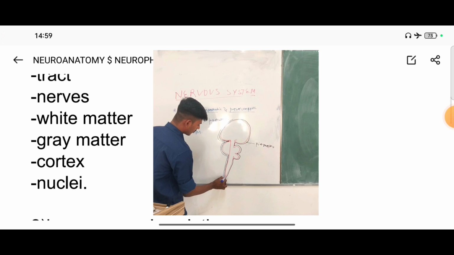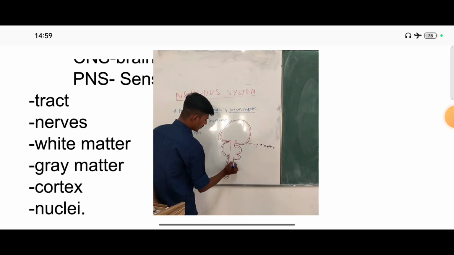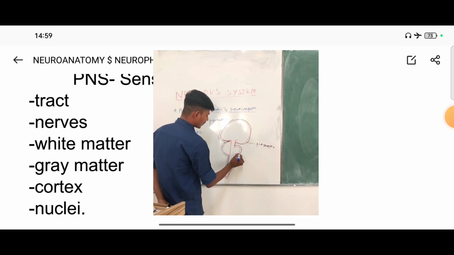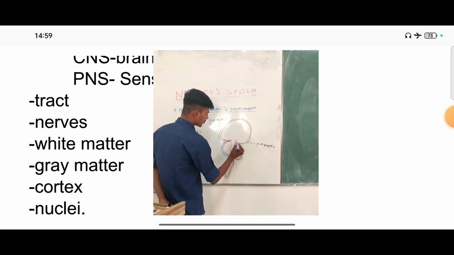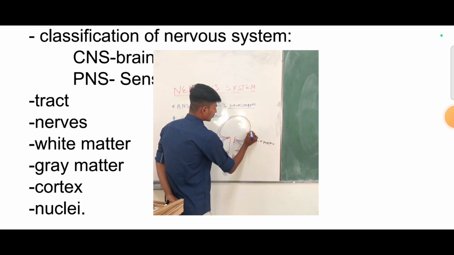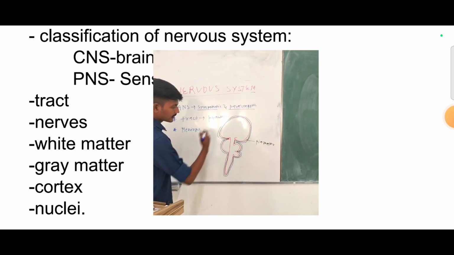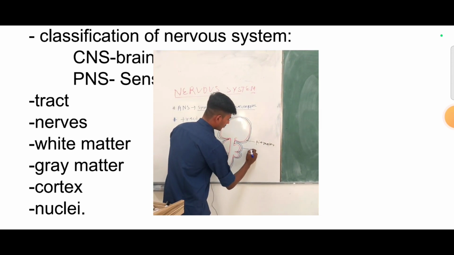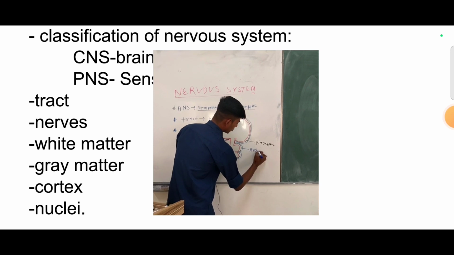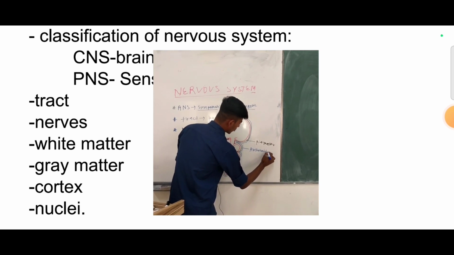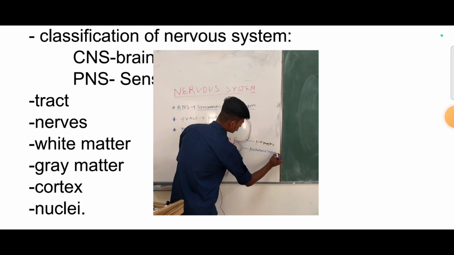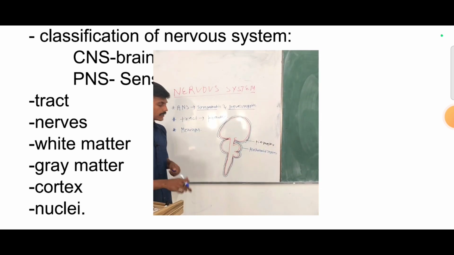It's just a rough diagram I am showing, not an anatomical diagram. Anatomically they show some variations related with their distributions. Its second layer is called what? The arachnoid mater. Clear?